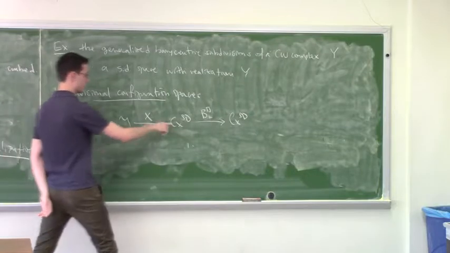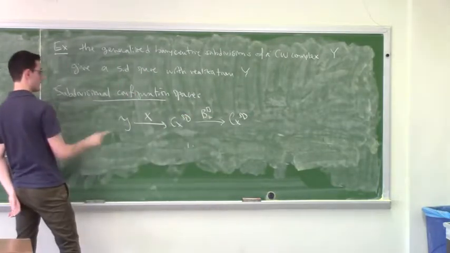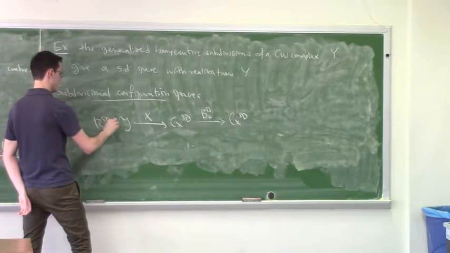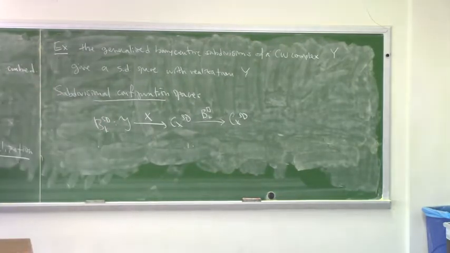And so I can just compose with that functor to get a new subdivisional space, which is the composite, and call this BKSD, subdivisional configuration space.